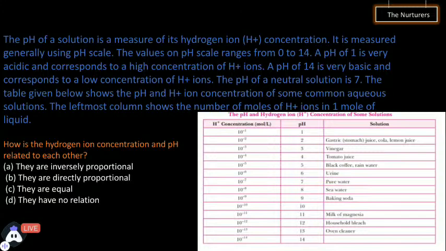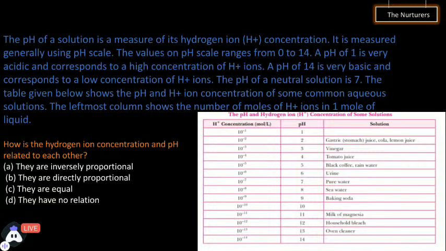See what the case study says. The pH of a solution is a measure of its hydrogen ion concentration. It is measured generally using the pH scale. The values on the pH scale range from 0 to 14.